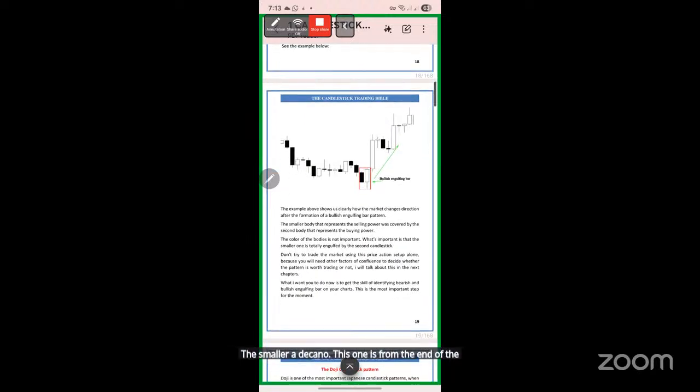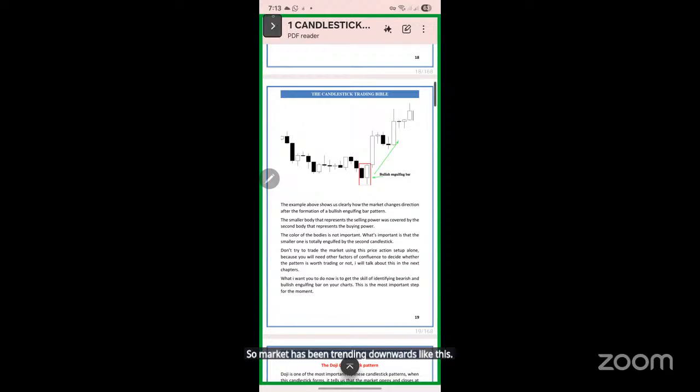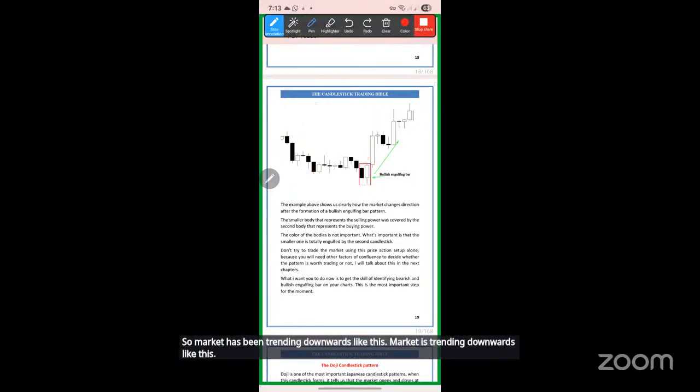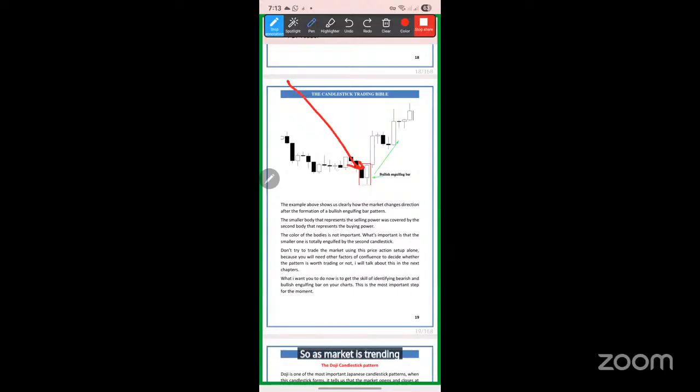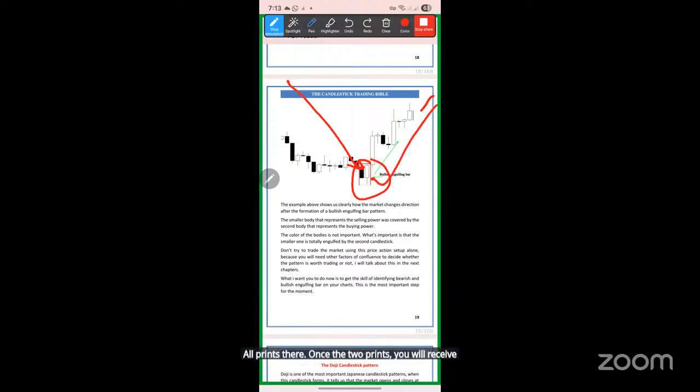This one is formed at the end of the downward trend. So as market is trending downwards like this, the bullish engulfing candle prints there. Once it prints, you will see market going upwards.